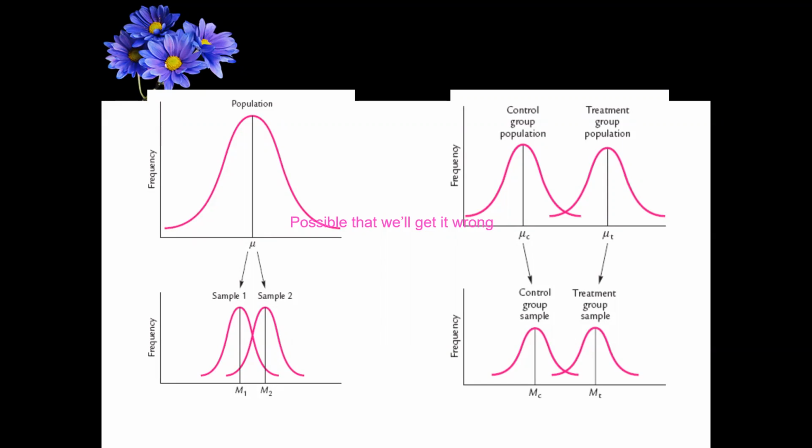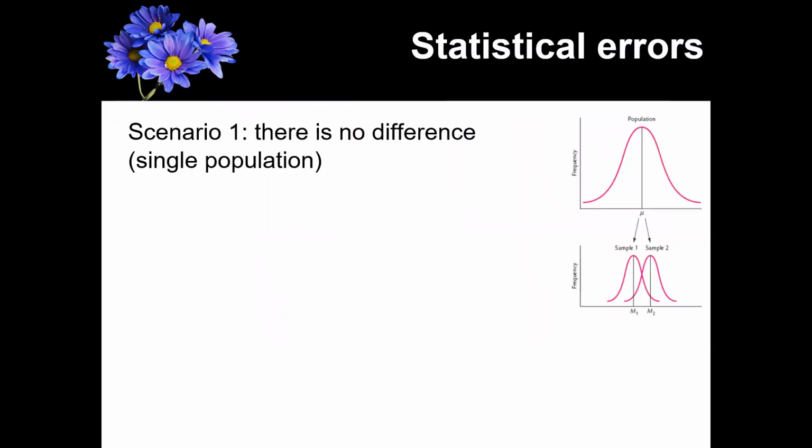So sometimes we'll get false positives and sometimes we'll miss actual effects. There are two different errors you can get when running these stats. These stats are meant to reveal what's actually a meaningful effect, what actually indicates a population difference, but they're not perfect because they're based on probability.